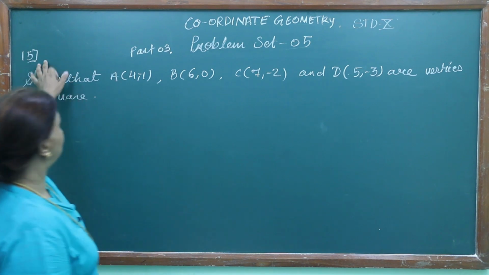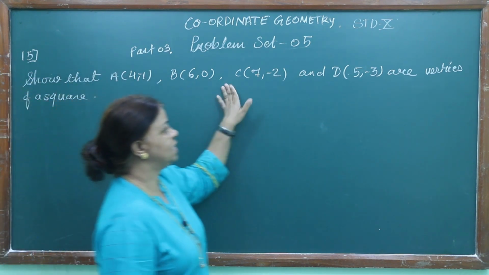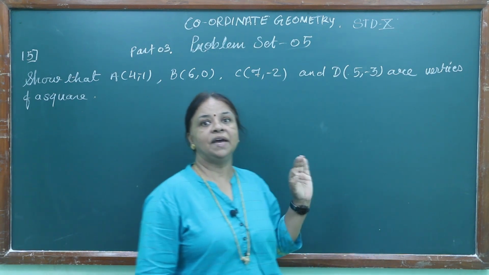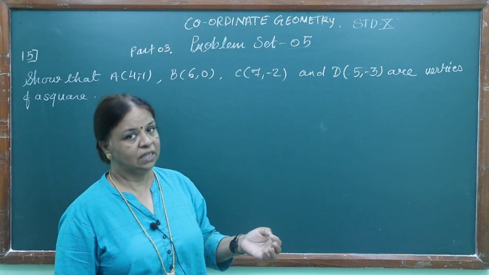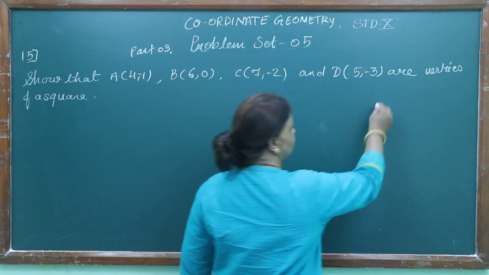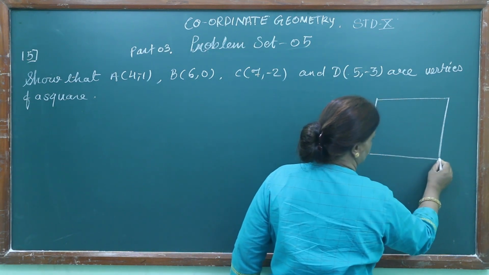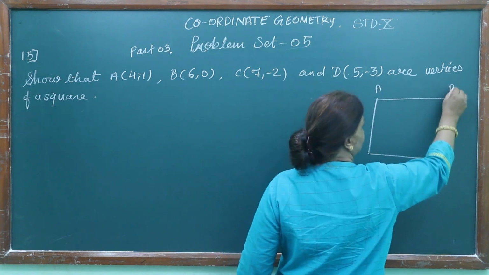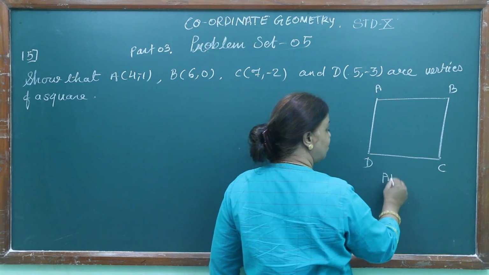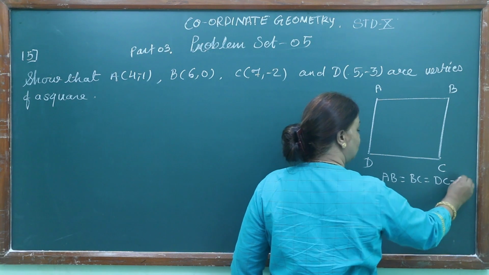Question number 15 of problem set 5, in which we have to show that A, B, C, D are vertices of a square. Children, what does square mean? Everybody knows? Yes. Square means all the sides are equal. So if it is a square like this, this is A, this is B, this is C, this is D. That means AB will be equal to BC, equal to DC, equal to AD.